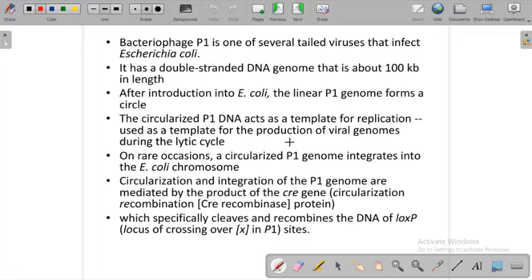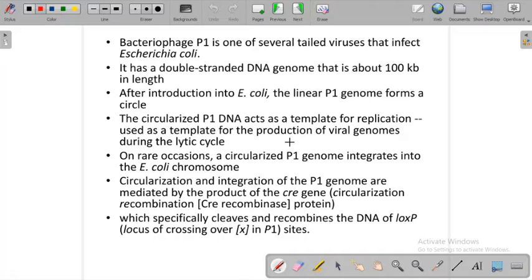What happens during the infection, when these bacteriophages infect the E. coli cells? The linear P1 genome forms a circle. This circularized P1 DNA acts as a template for the replication of that viral DNA material, for the production of the viral genome during the lytic cycle.